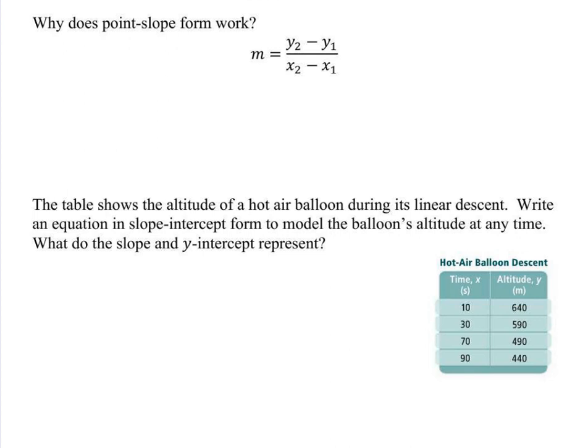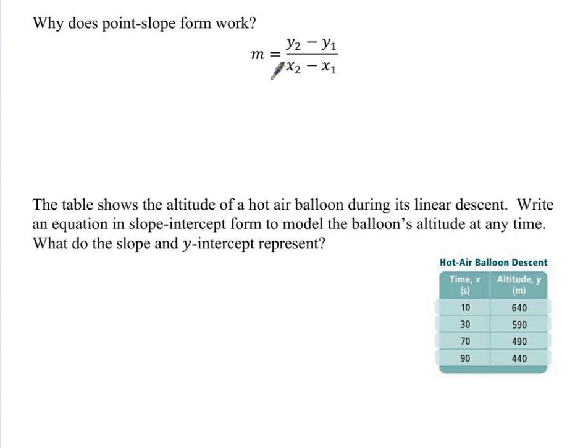So occasionally, somebody will say, why does point-slope form work? And here is the answer for you. If I were to want to get rid of this denominator right here, what would I do? Anytime I want to get rid of a denominator, I multiply both sides times the denominator, right?